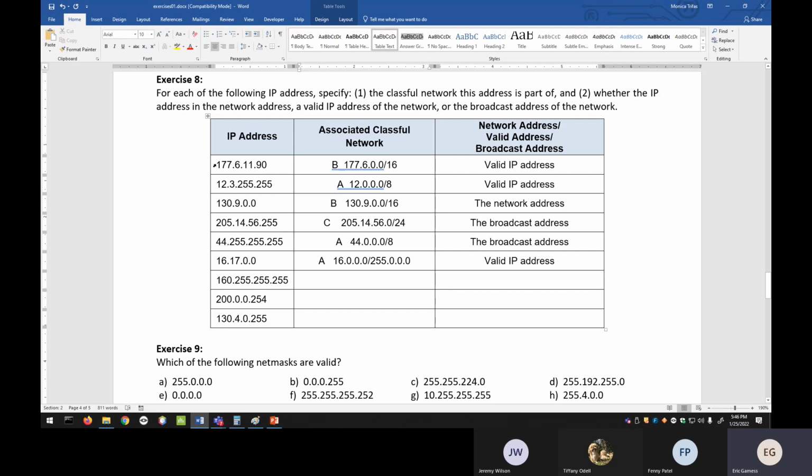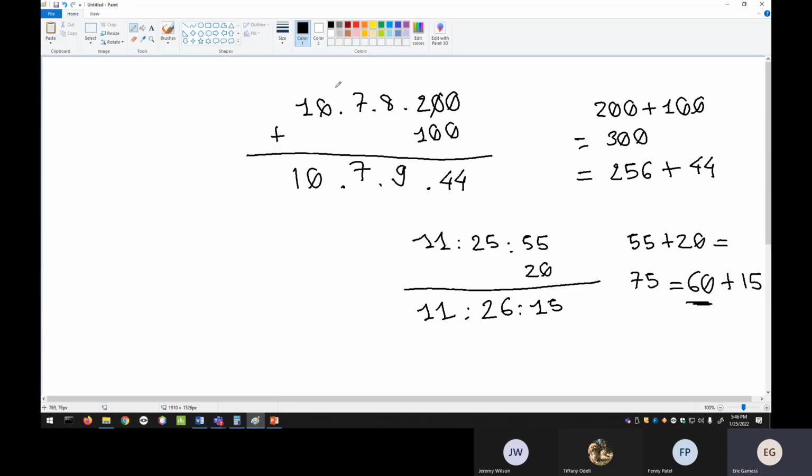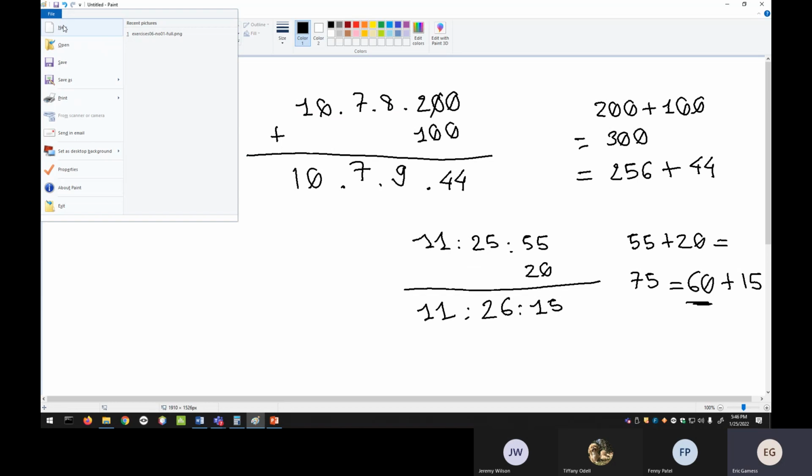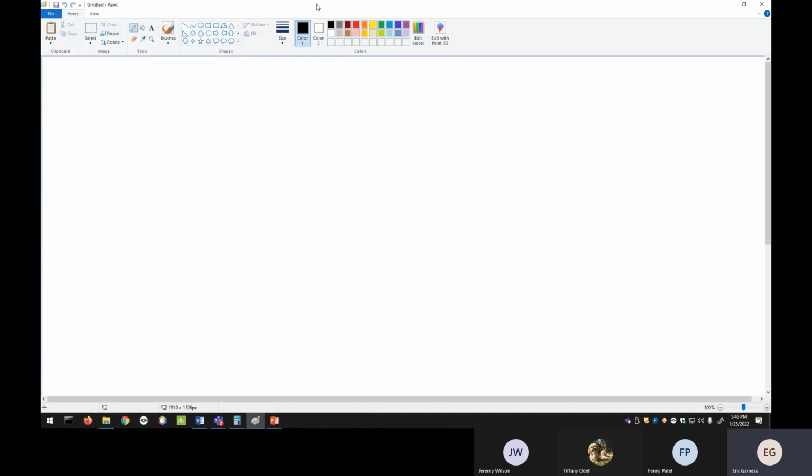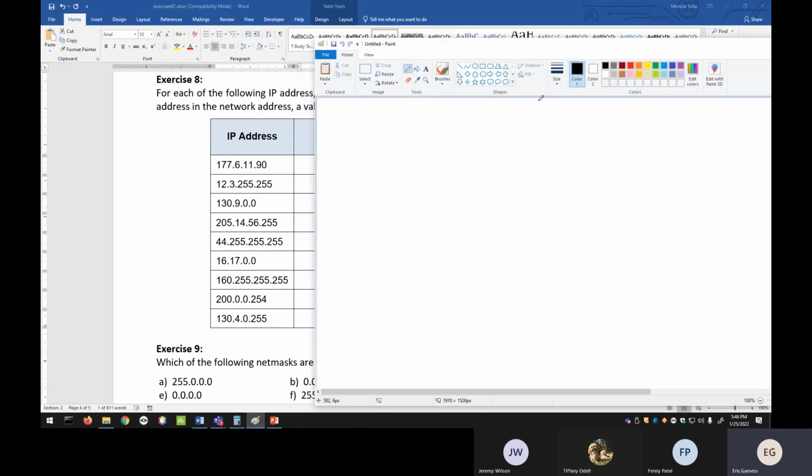So how do I go from here to here? Let me show you another way to see it. I'm going to take the IP address 177.6.11.19.